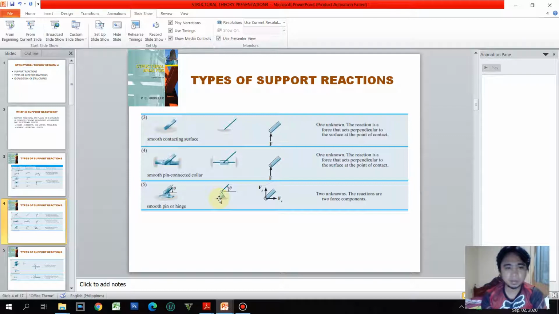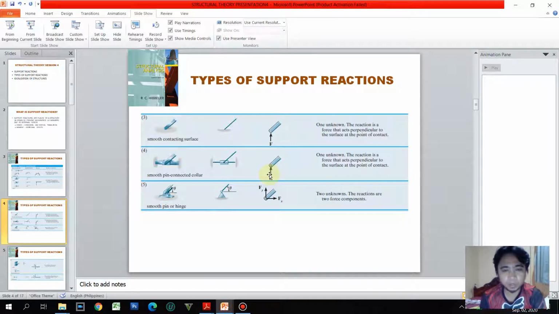Okay? So another one, we have a smooth pin connected collar. This time, it is supported by a collar and a pin. Of course, the principle here is that there is a single unknown force that acts perpendicular to the surface at the point of contact.